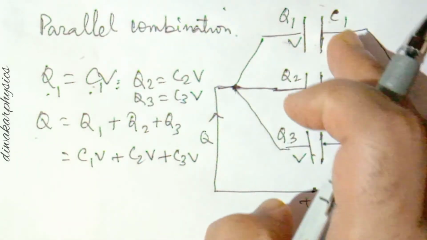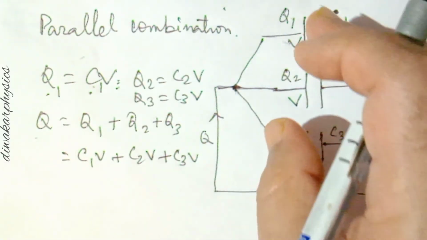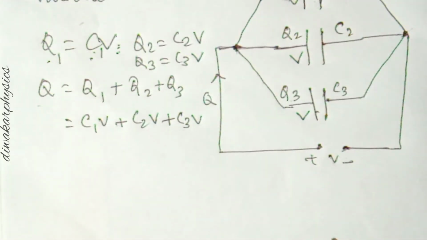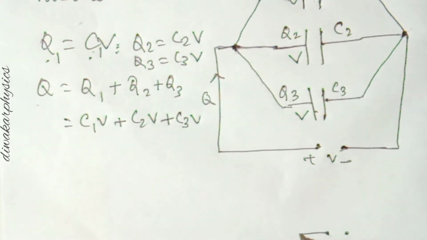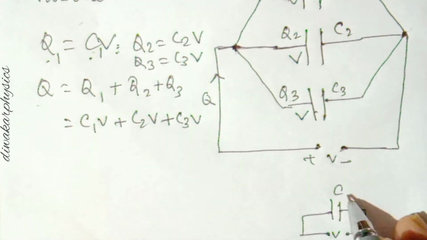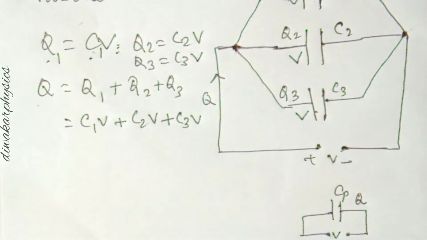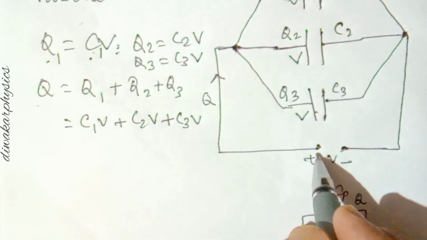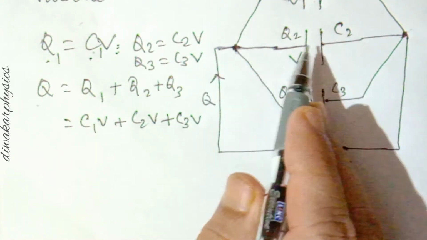Now again we will take one capacitor which can replace this. So one capacitor which, with the same voltage V, will establish charge Q. That means it will send the total charge, because this is single, so we'll take the charge sent by this source to this combination.